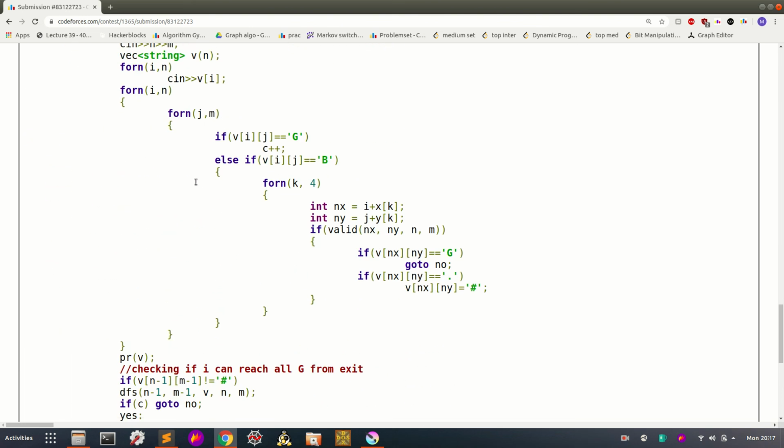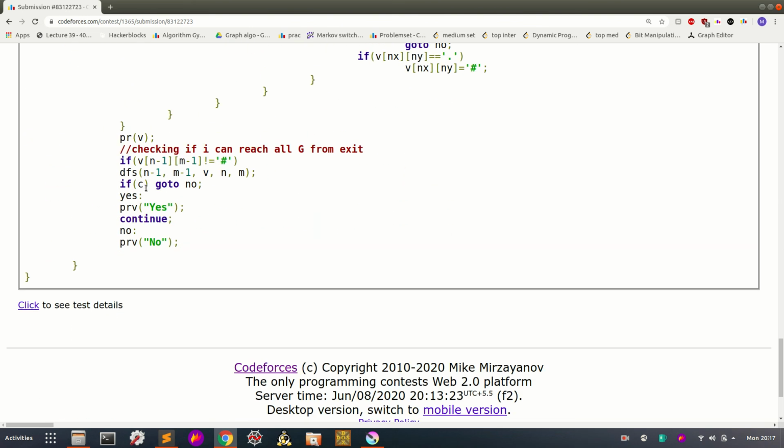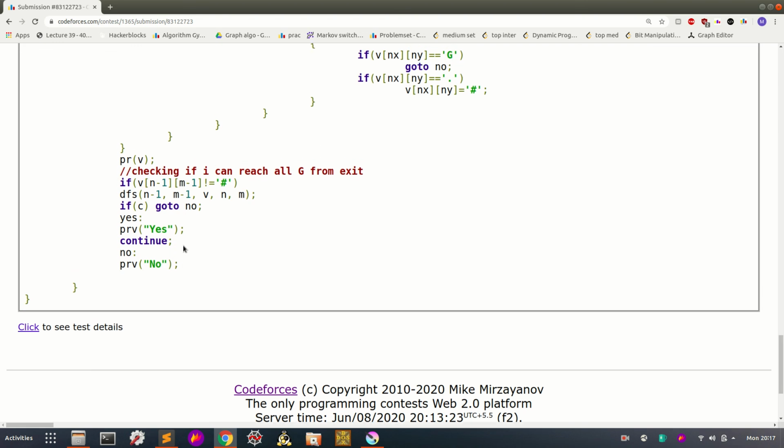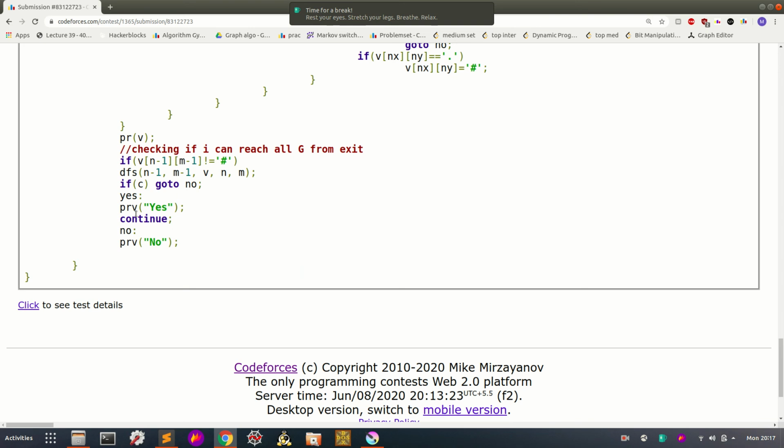After finishing the DFS, I'm going to check if it has become 0. If it has not become 0, then I'll go directly to no, and print in the format that has been given, a no and an endl. Otherwise, if the value of c is equal to 0, I'm going to print yes.